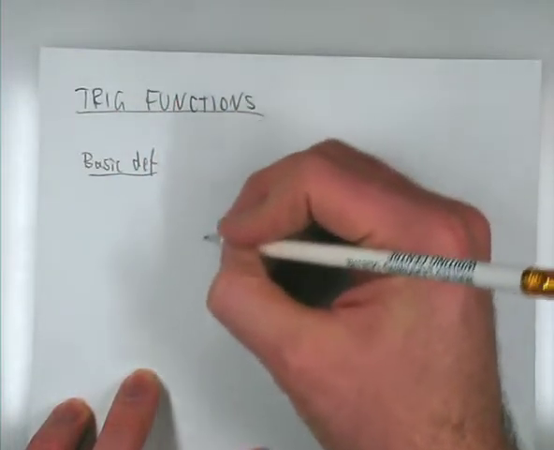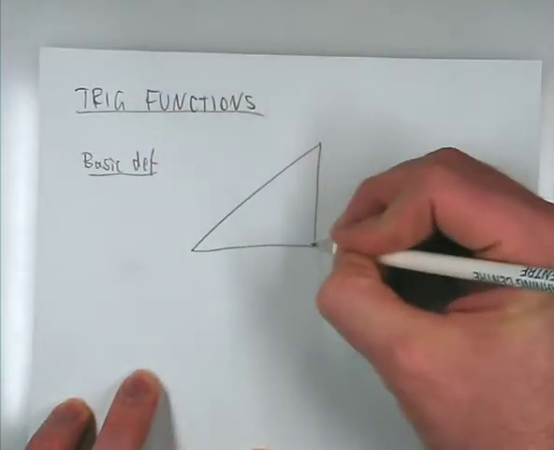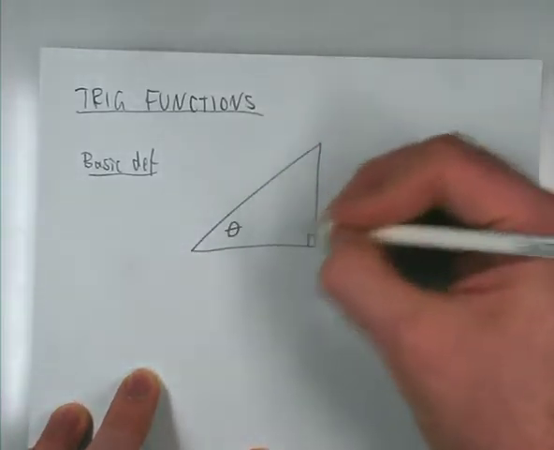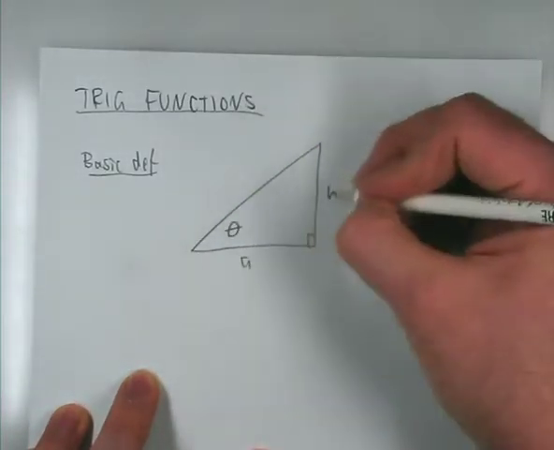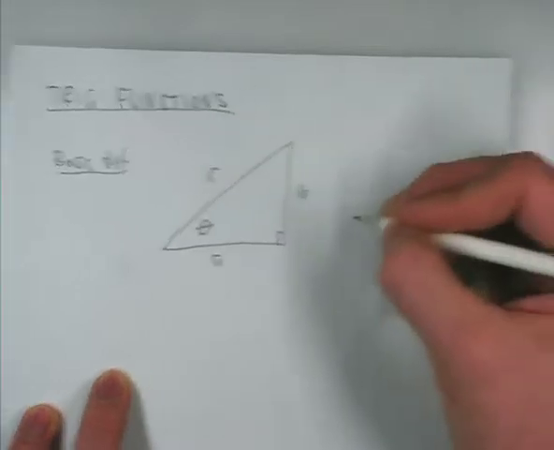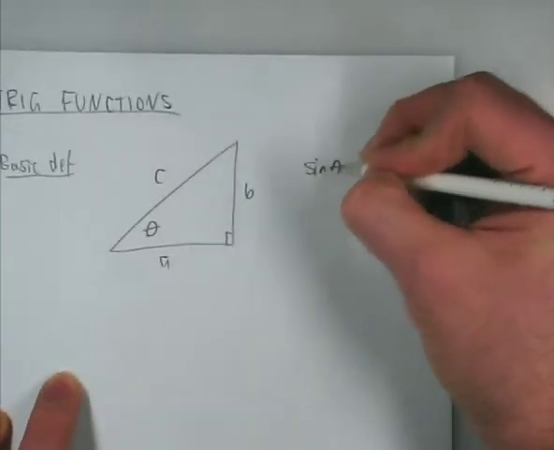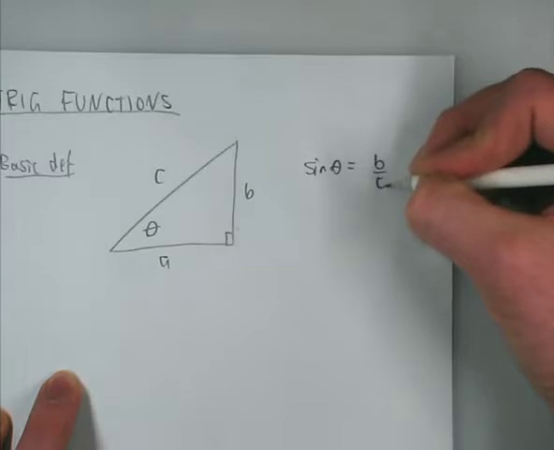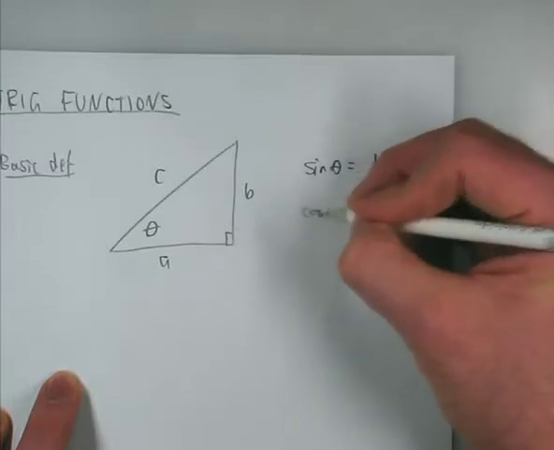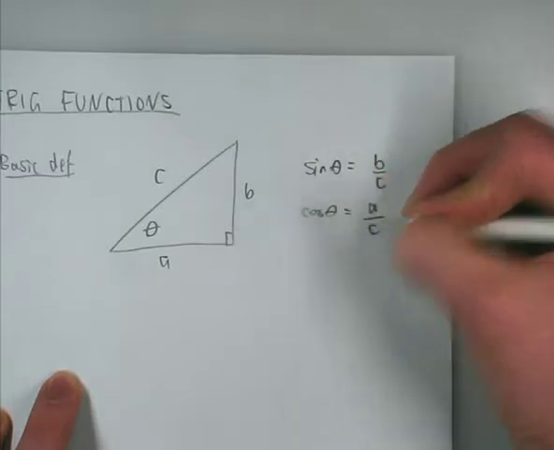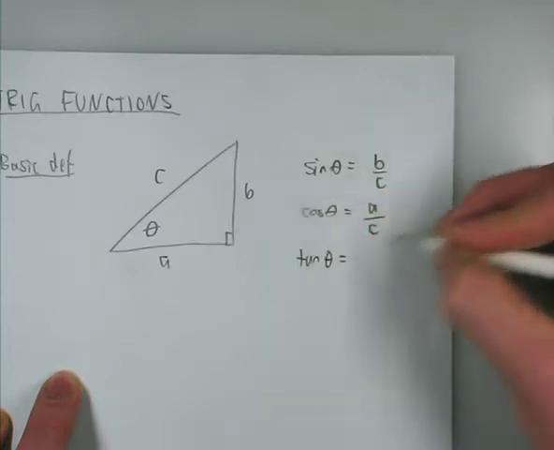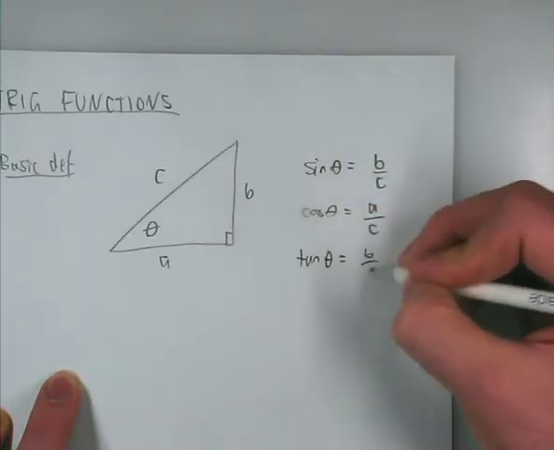And the basic definition is that if you had a right-angled triangle that had an angle here, and this was A, B and C, then sine theta would be opposite over hypotenuse, and cos theta would be adjacent over hypotenuse, and tan theta would be opposite over adjacent.